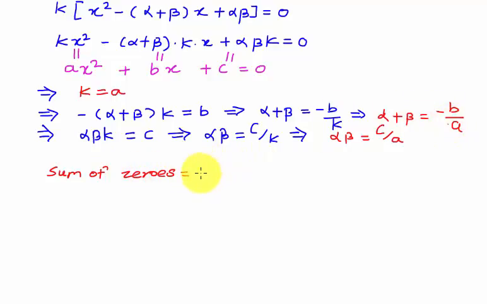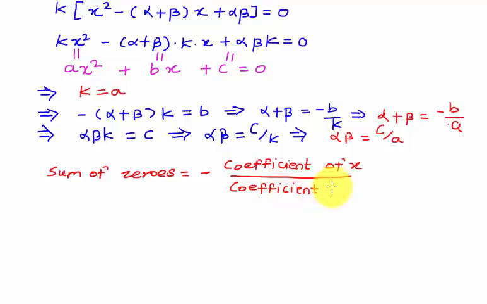That means minus b is coefficient of x divided by a. a is nothing but coefficient of x square. So sum of zeros is equal to minus coefficient of x divided by coefficient of x square.